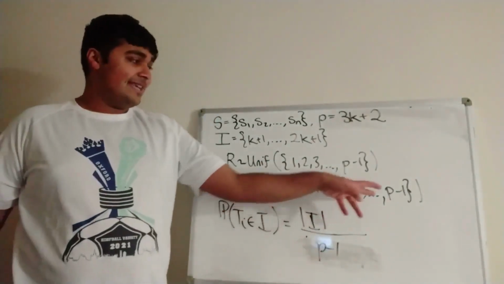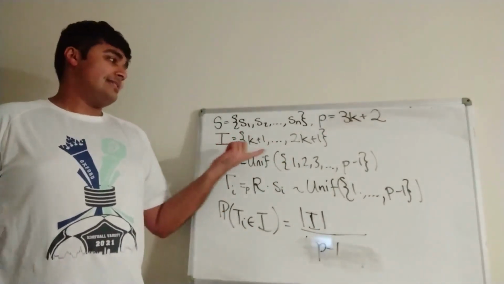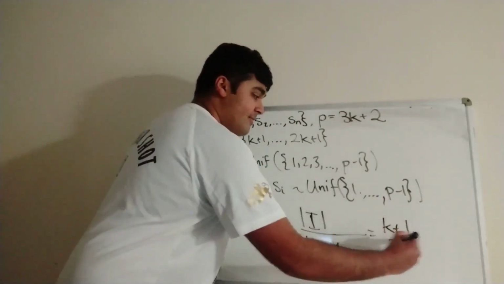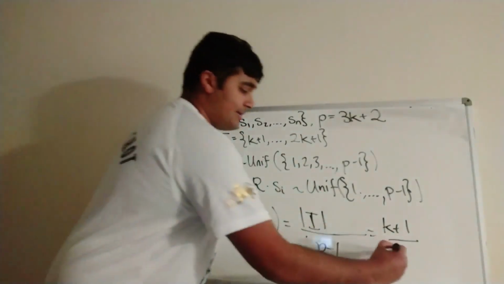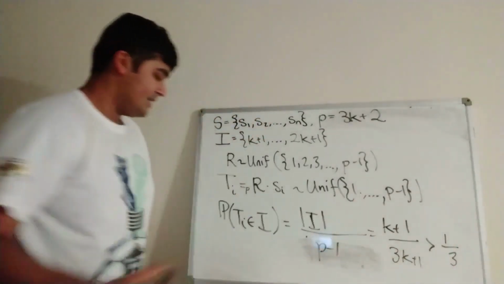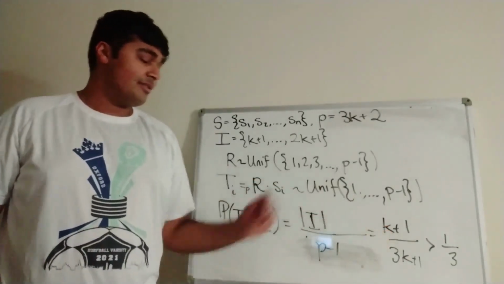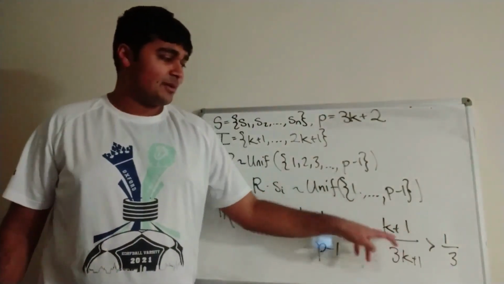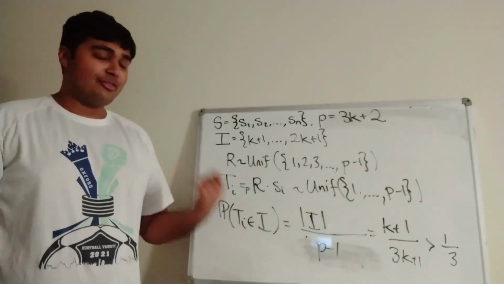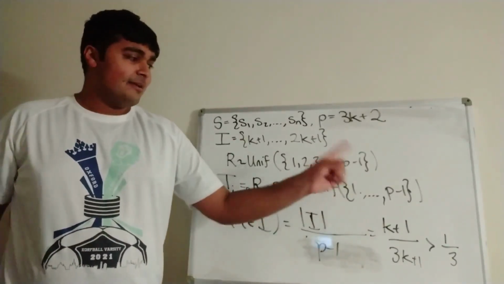For each of these there's a 1 over p minus 1 chance of t_i being that element, and I has size cardinality of I. This is k plus 1 divided by p minus 1, which is 3k plus 1, and notice that this is strictly bigger than a third. So the probability that t_i lies in I is k plus 1 over 3k plus 1, and you can just cross multiply to verify this last inequality, that this is strictly bigger than a third. So t_i is a random variable, and the probability that it lies in I is strictly bigger than a third.